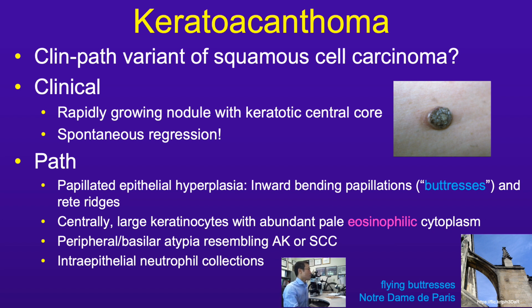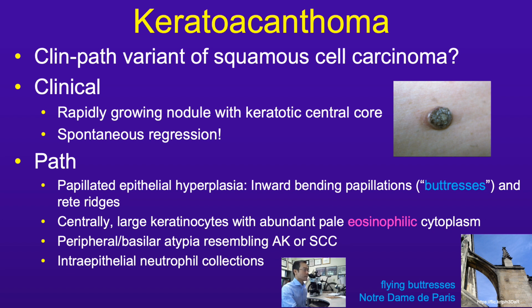But we do expect in a keratoacanthoma to have a somewhat classic history of a relatively rapidly growing nodule with that central keratotic core evident clinically. And if left untreated, these tumors undergo spontaneous regression as a rule. Now, we know that any one tumor can break the rules or not read the textbook, but this is the standard teaching, and this would be one of the major arguments in favor of not calling these squamous cell carcinomas.